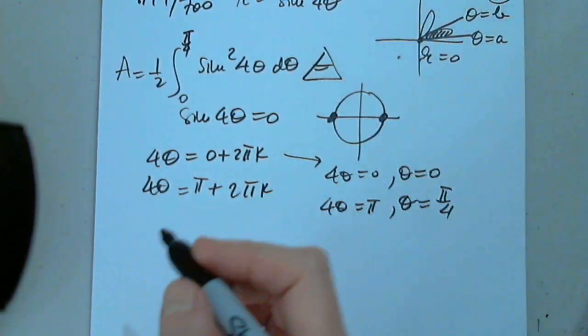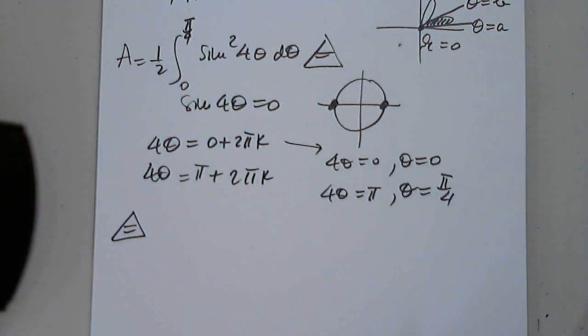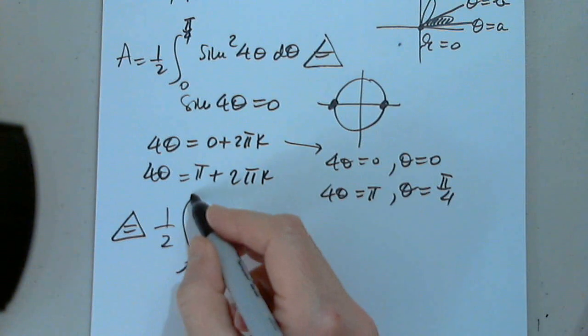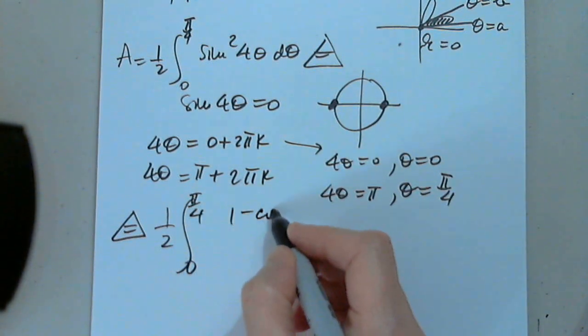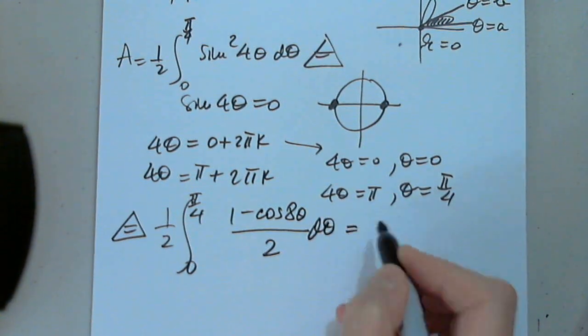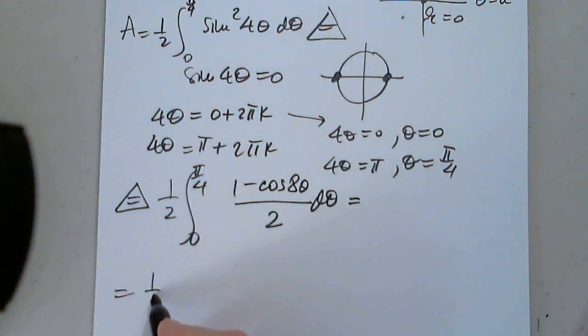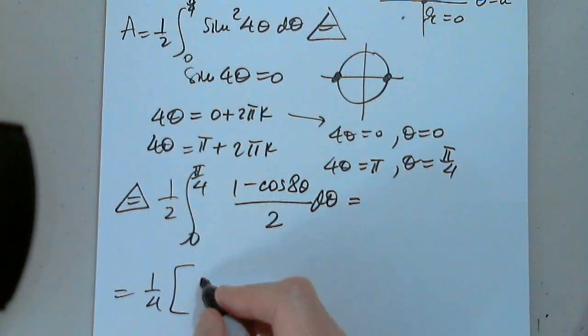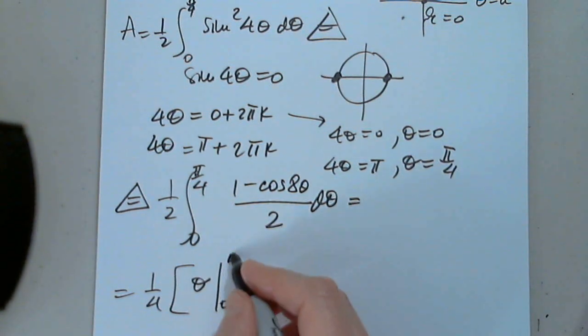I will continue with a triangle, jump over all that. So we have 1/2, and sine squared changes into 1 minus cosine 8 theta over 2 d theta. So then we have 1/4 outside. The integral of 1 is theta from 0 to pi over 4.